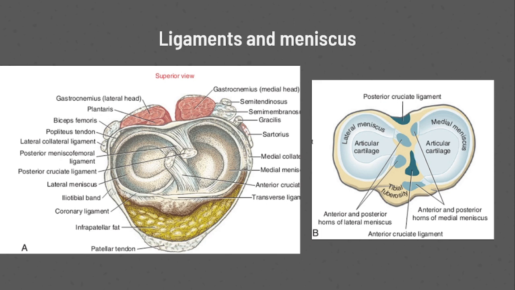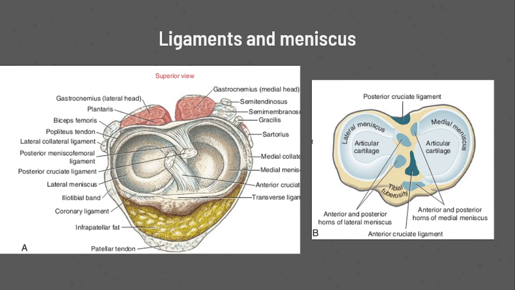So, what is the histology of the meniscus? The meniscus is a cartilage. It's not a normal cartilage, but it has a nucleus pulposus and annulus fibrosus like the intervertebral disc.